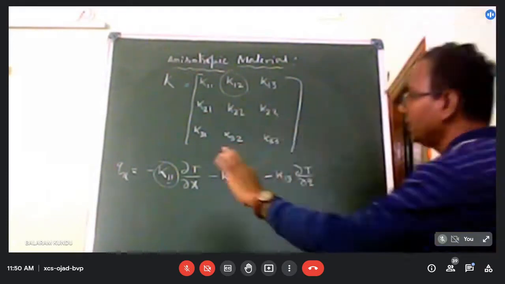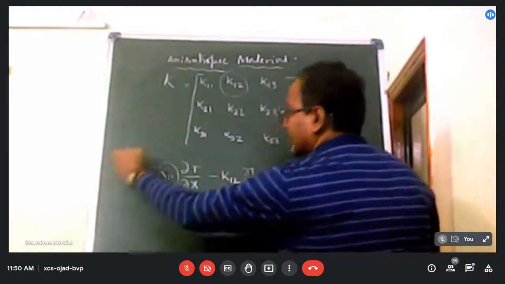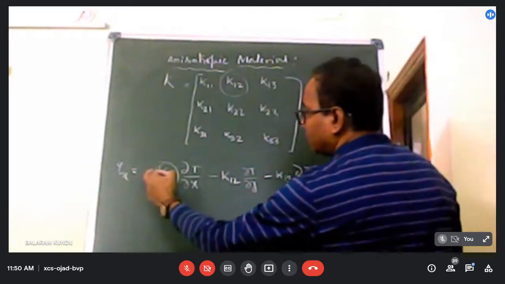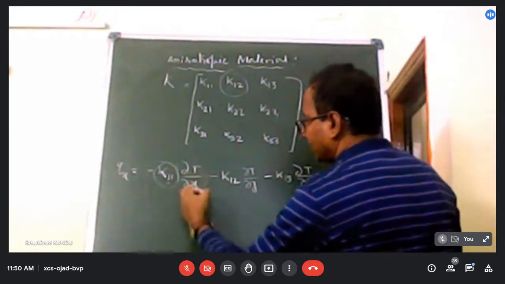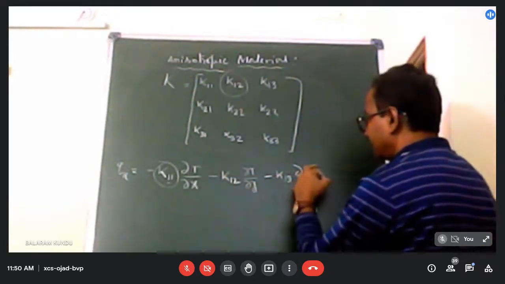So that is your Qx. Qx is the heat flux in the x direction for anisotropic material, and equal to minus K11 del T del x, minus K12 del T del y, minus K13 del T del z.